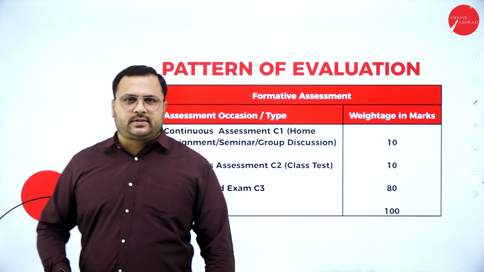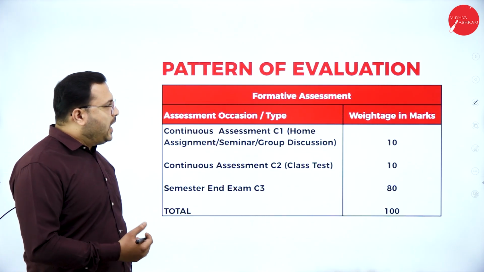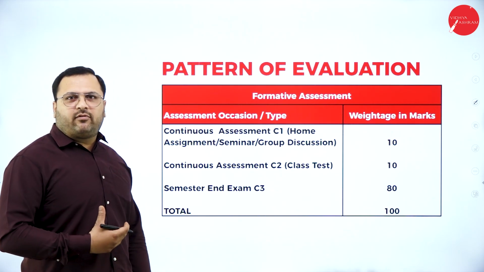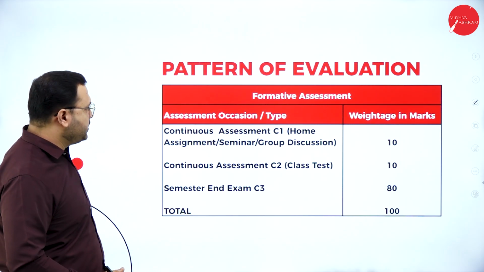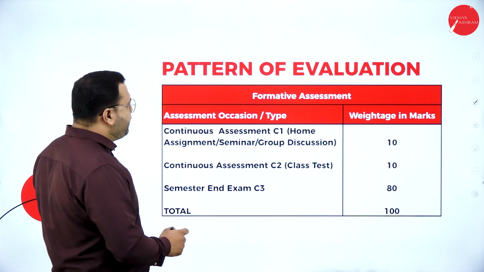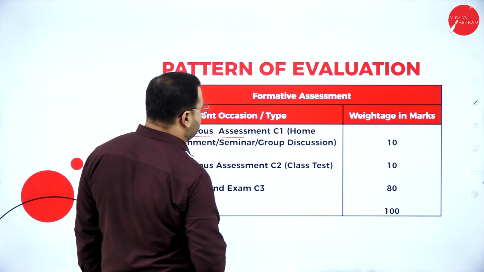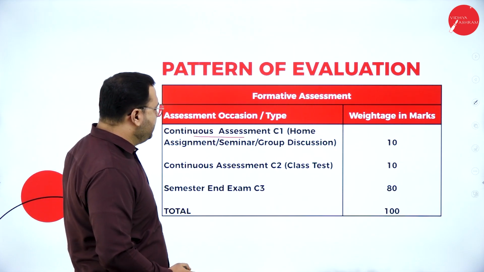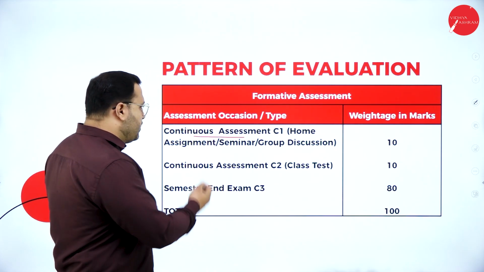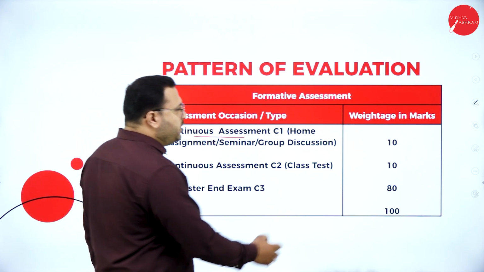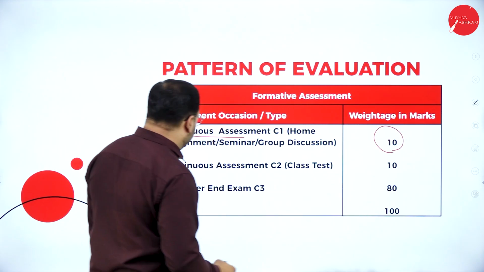After learning all this, let us come to the pattern of evaluation. How is the evaluation done in this semester? In this semester, your formative assessment will have these 3 things. Continuous assessment, that is C1. In C1, you may have home assignment or seminar or group discussion, which would carry 10 marks.